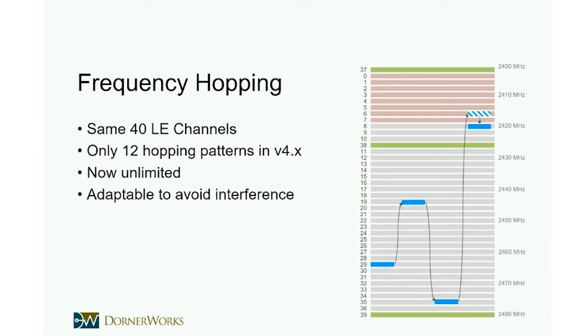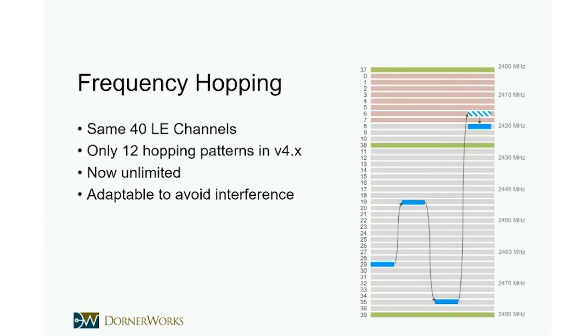The next thing that Bluetooth 5 did is they added an adaptable ability when you run into high traffic channels, to help avoid interference, because all of these bands are shared with other wireless things like Wi-Fi. So say channels 0 through 7 have high interference right now, and in your hopping pattern you're supposed to be on 6.